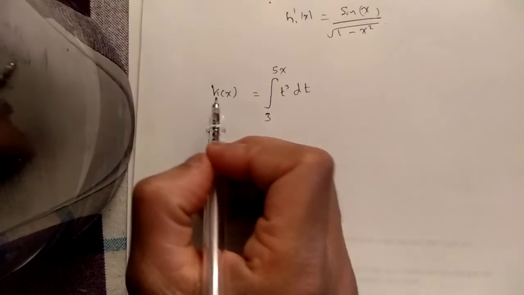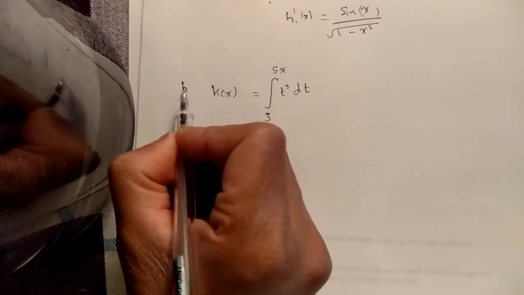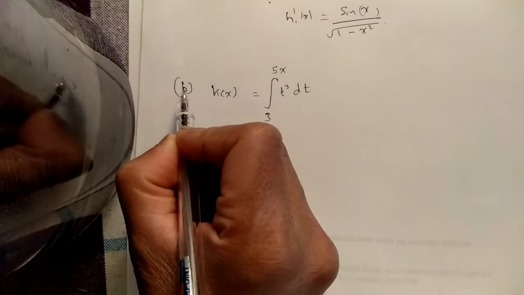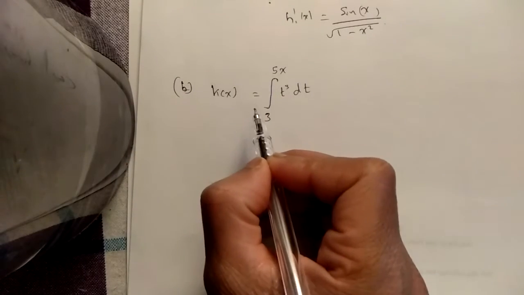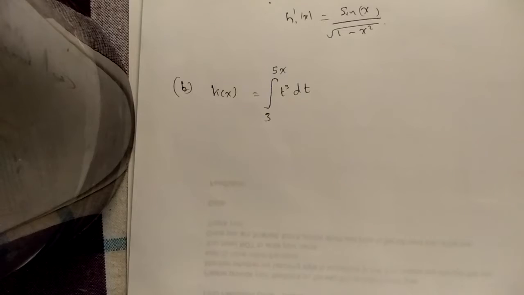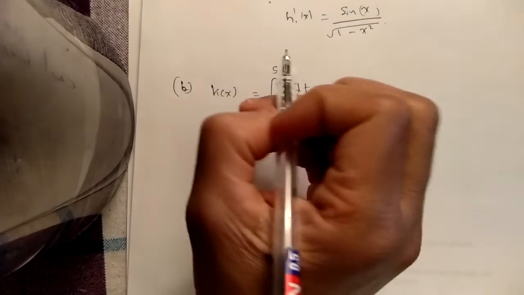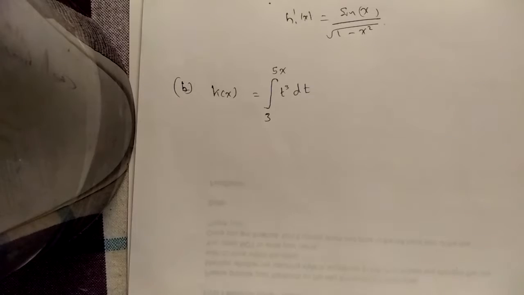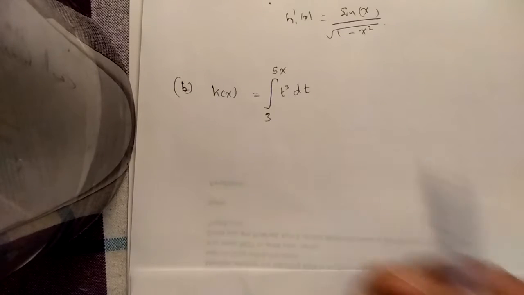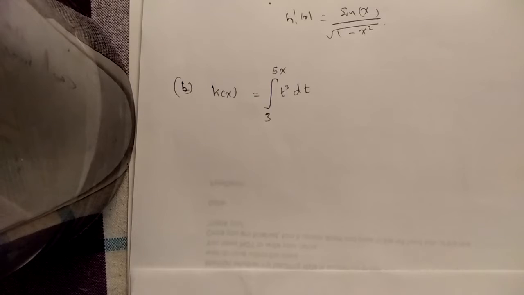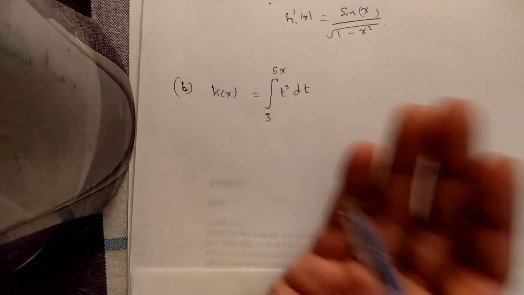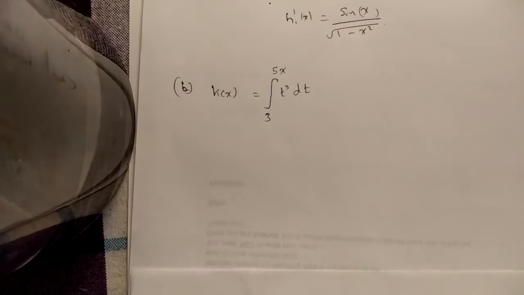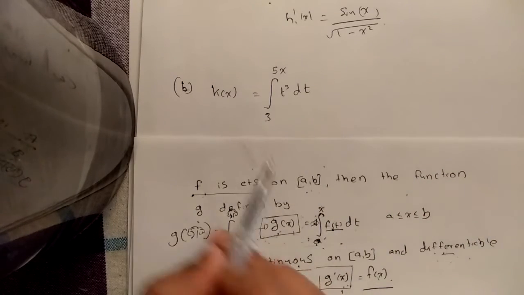Right. Now let's see what about this function. Now although it looks like a simple expression, there is a subtle point in here. Obviously this is a statement or a question where we have to use the fundamental theorem, right? Because it satisfies the format except at a single place, right?